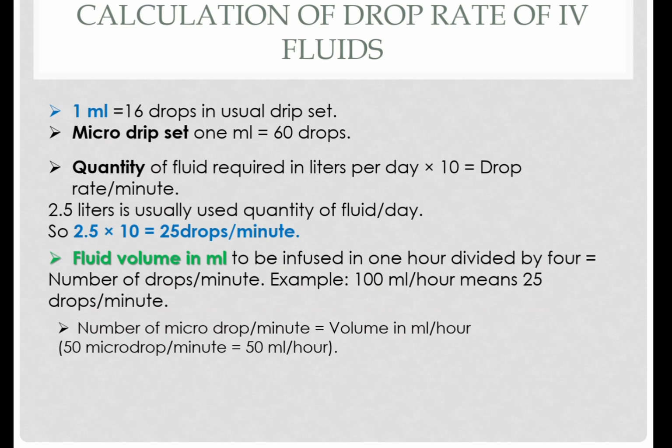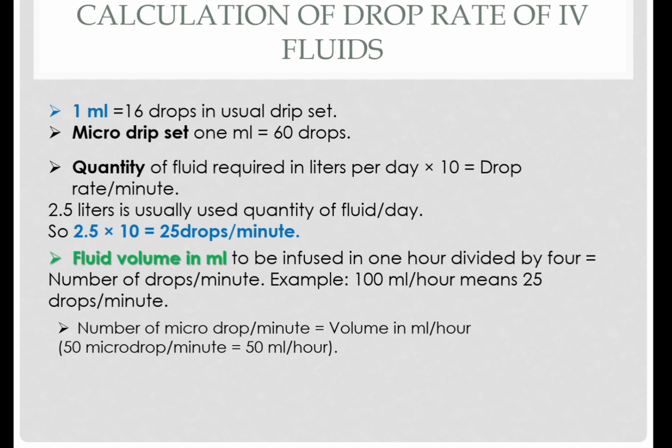So this is the fluid calculation, how many drops per minute to be given. Remember that 1 ml is equal to 16 drops, and 60 micro drops are equal to 1 ml in case of an infusion chamber or for children.